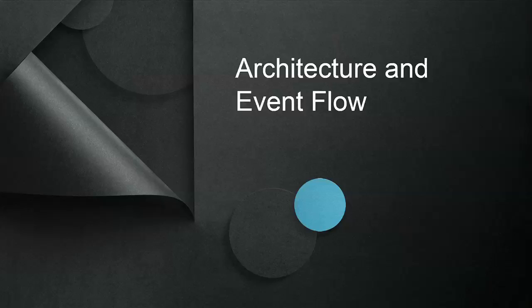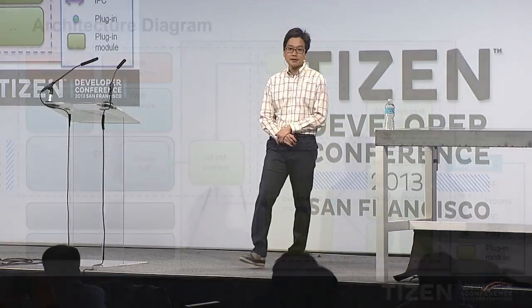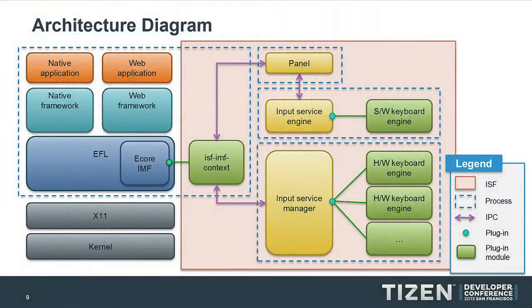Okay, and shall we look at the architecture? Here is our architecture diagram. On the left side, you can see the application process. Because Tizen supports both native applications and web applications, of course, native applications run on the native framework and web applications run on the web framework.